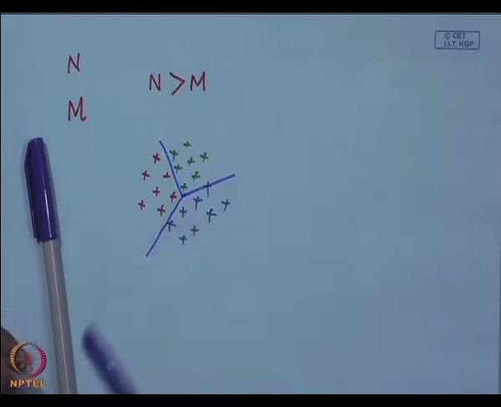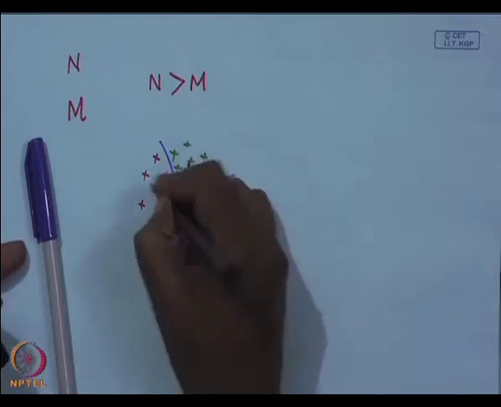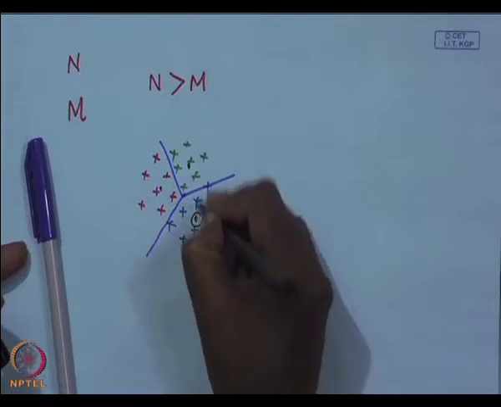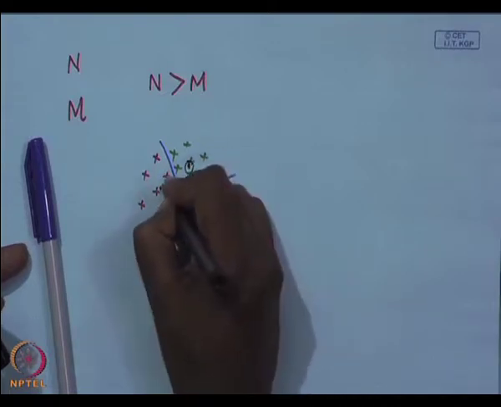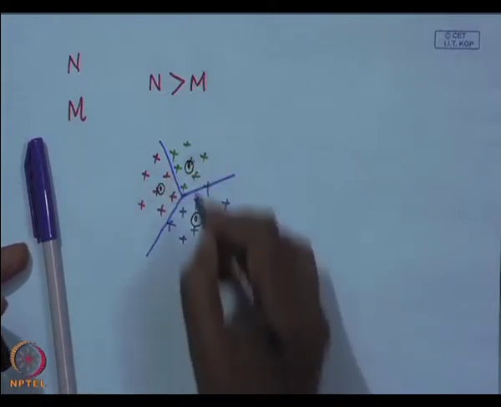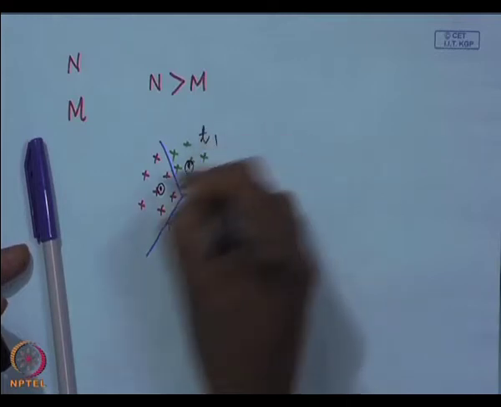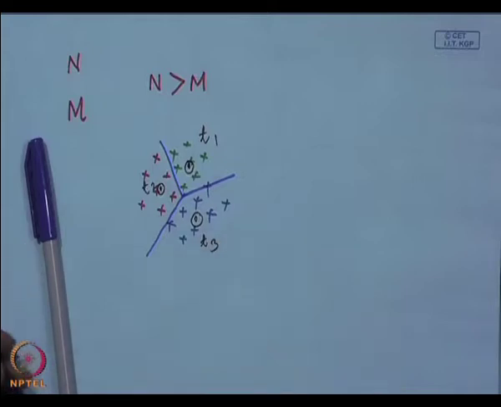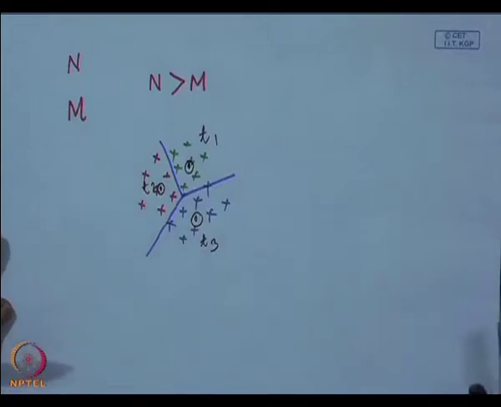Every cluster center now represents a receptor. So, this is one receptor, this is one receptor, this is one receptor. So, this is the receptor T 1, this is the receptor T 2 and this is receptor T 3. So, the first operation that we have to perform is the clustering of the feature vectors, and this clustering operation we will discuss in detail in future lectures.